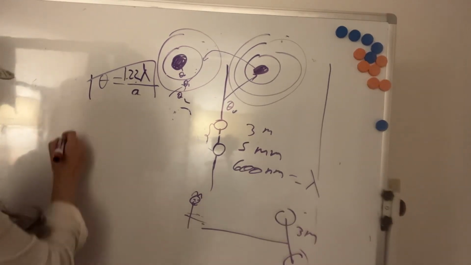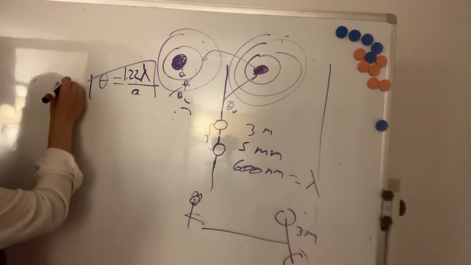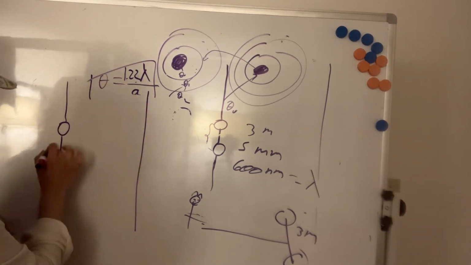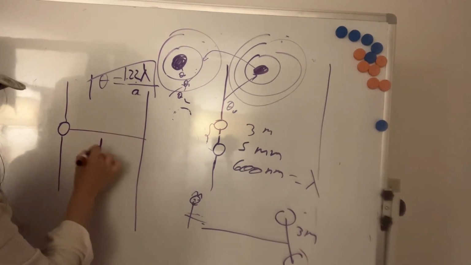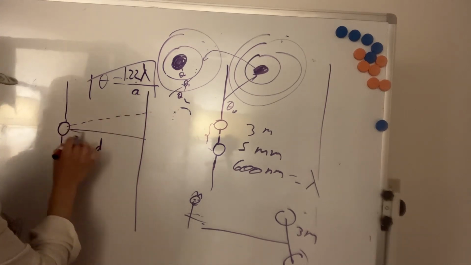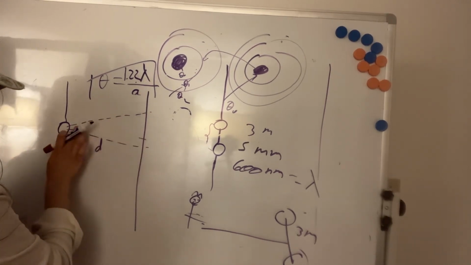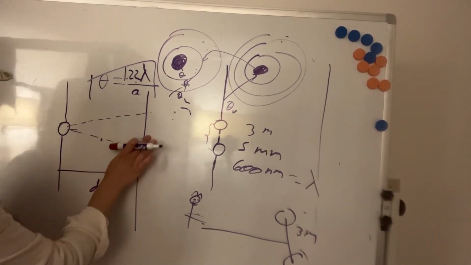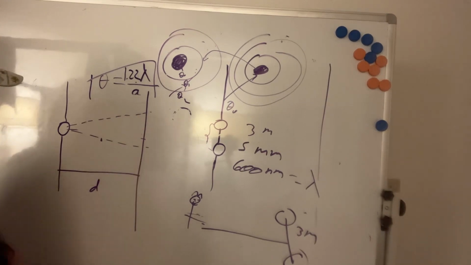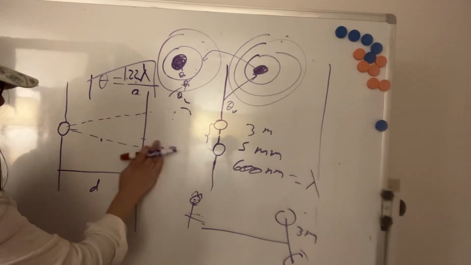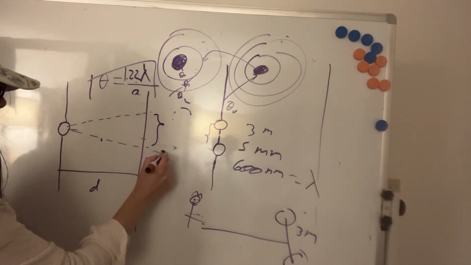So we have the circular opening here, we have the screen here, the horizontal distance is D, and we see this pattern. This is the distance between one source and the other, so 3 meters here, because here we have one light and another light.